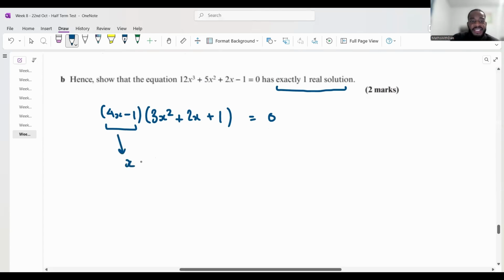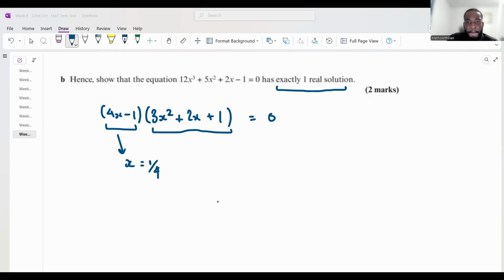We are aware that this is x equals a quarter, right? So we know that there's a solution there. Now, since the question is telling us that there's only one, then what does that tell us about this one, guys? It tells us that there's no solutions, right?